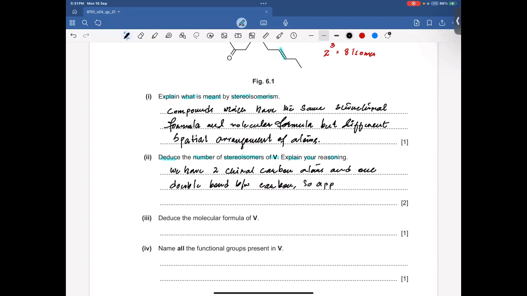So applying the 2^n formula, we will get 8 isomers.